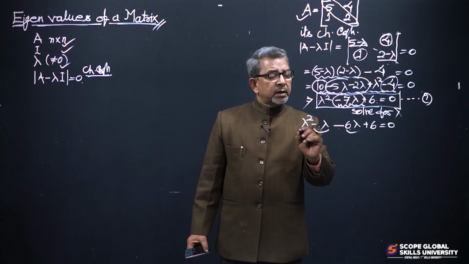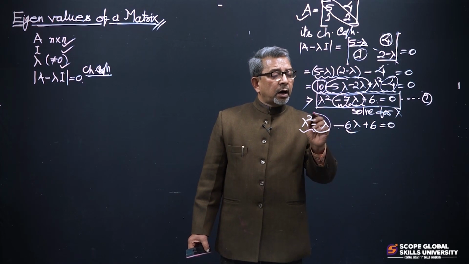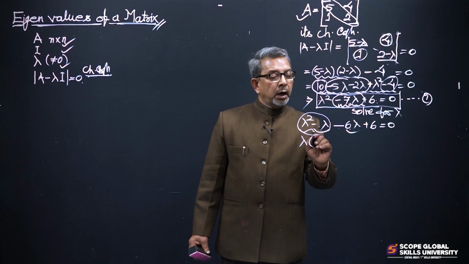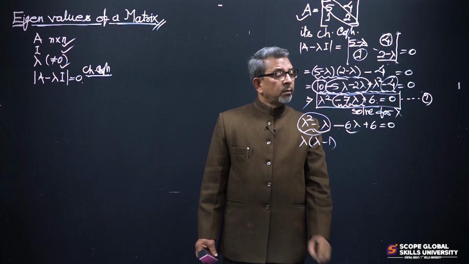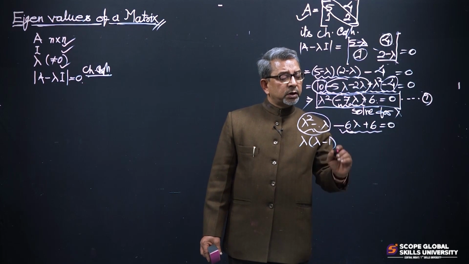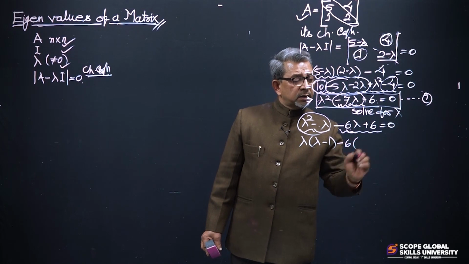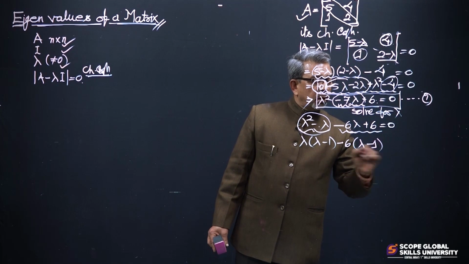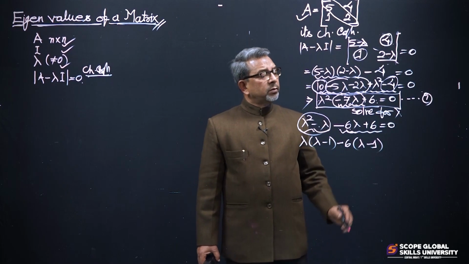Now, if we take lambda common from this portion, we get lambda into lambda -1, and -6 common from this portion, -6 into lambda -1, which is equal to 0.